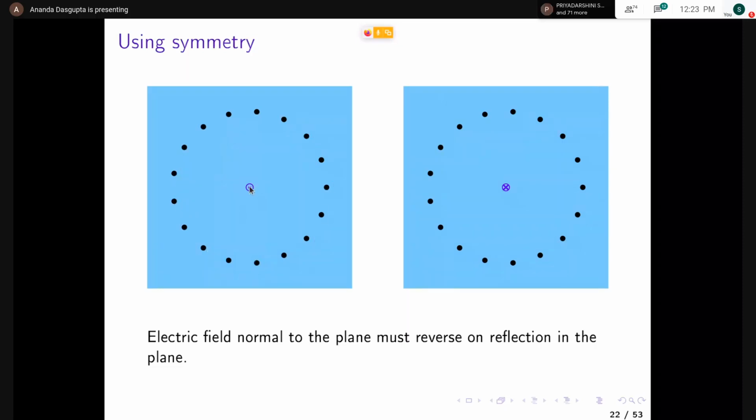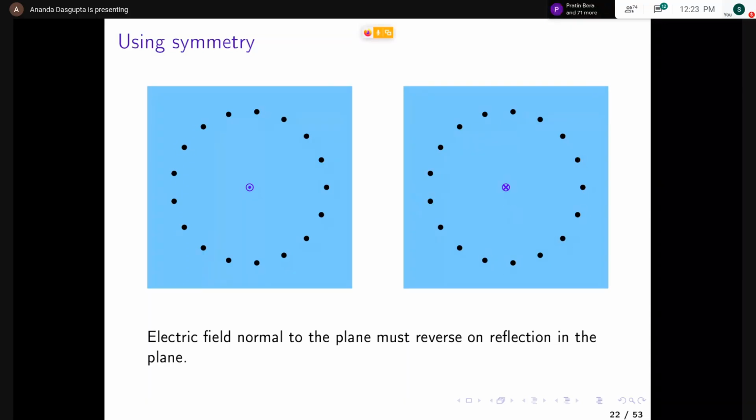The electric field is pointing straight out at you. Let's assume it's pointing straight out at you. And the blue plane here is our mirror. So if I reflect in this mirror, all the charges will stay at the same place. That's the right-hand picture here. But the electric field, which was pointing out, must now point in.